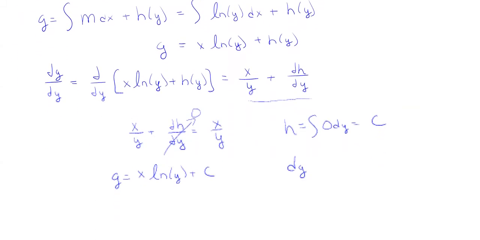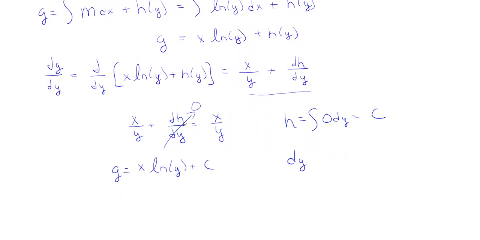So just like the partial derivative of h with respect to y has to be equal to 0, dg has to be equal to 0 as well. So that means, same thing here, that is equal to a constant as well. So we can combine these two constants together into a single constant. So our equation ends up being c is equal to x natural log of y.